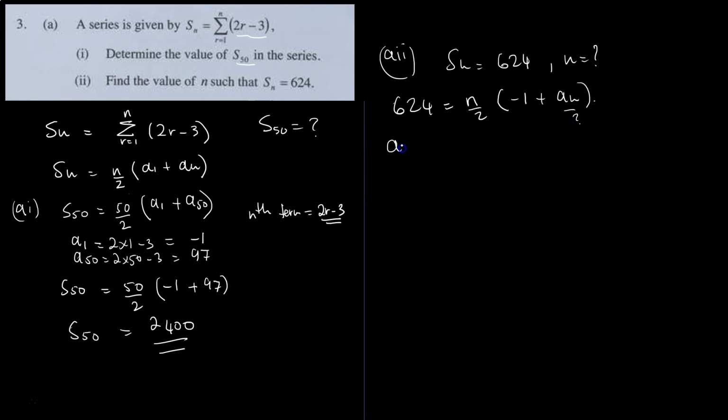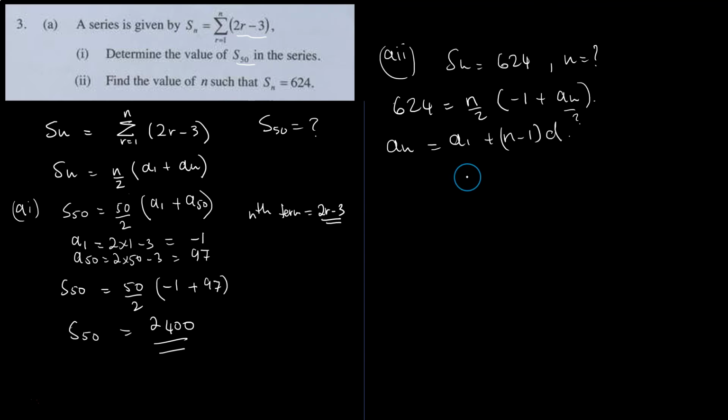Well, an, if you remember the formula, is equal to a1 plus (n minus 1)d. Because this is an arithmetic sequence, we need to use the common difference d. We need to find what that is. Well, let's try and find out what d is.